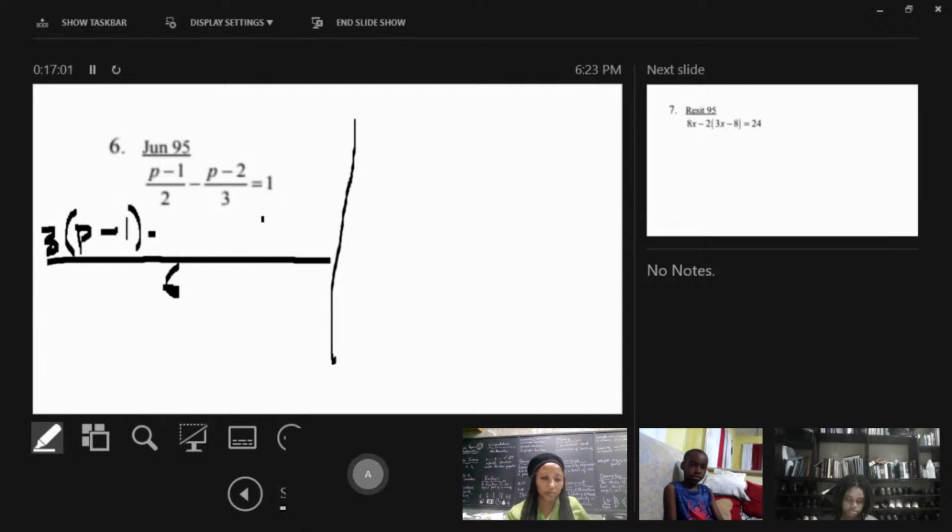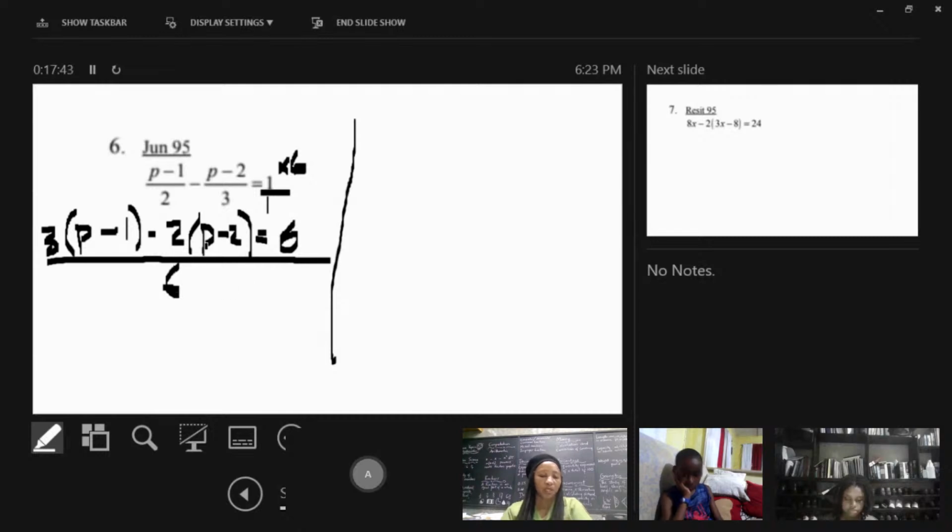And 3 goes into 6 2 times, so it's 2 times the top numbers. Remember to put the minus. And the 1 is 1 over 1, so 1 goes into 6 times, so it's 1 times 6, equal to 6. Right?